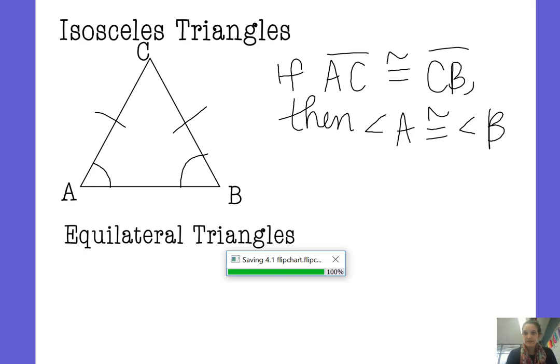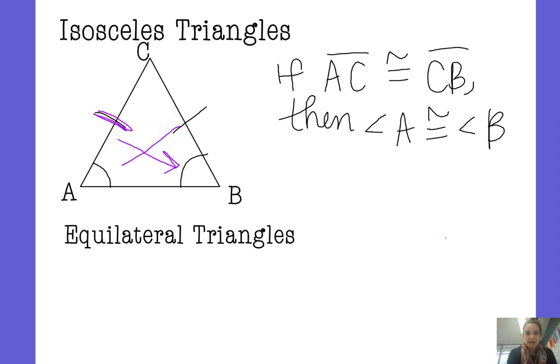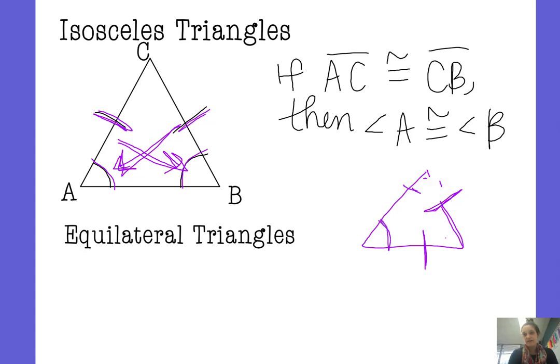If this is your side that's congruent, it's this angle and this angle that are congruent. So they're across from the sides that are congruent. If I had told you that these sides were congruent, then these angles would be congruent.